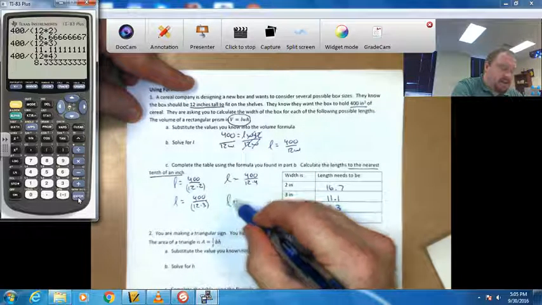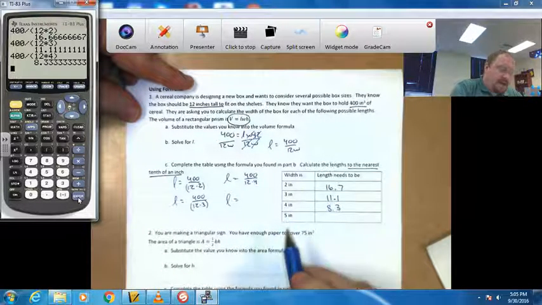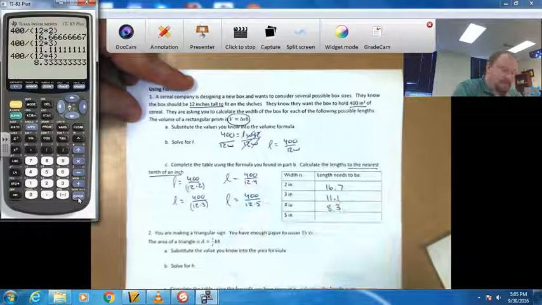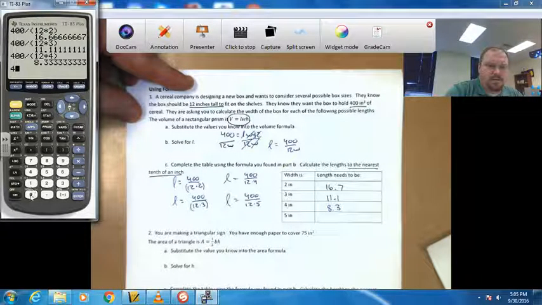Lastly, I'm going to do it again for 5. So 400 divided by, parentheses, 12 times 5.